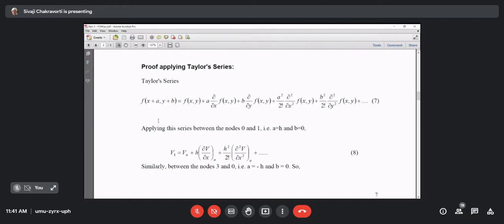If you look at the left hand side, you see it is f(x plus a, y plus b). If you look on the right hand side, it is f(x, y). Now, first, what is f(x, y)? This is important to understand. x and y are definitely the coordinates, and for a given value of x and y, what I get is a point on the two-dimensional plane.